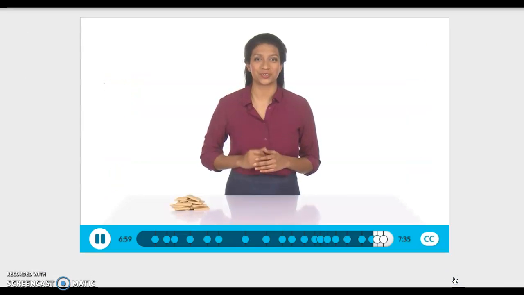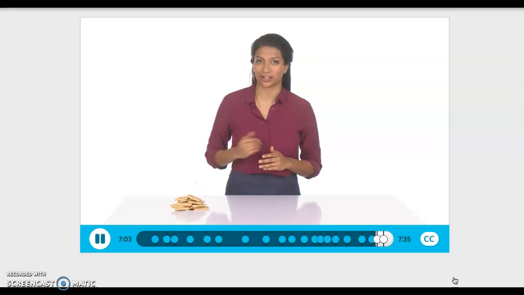Try this next problem on your own. Create an array that shows 3 rows of 5 graham crackers.